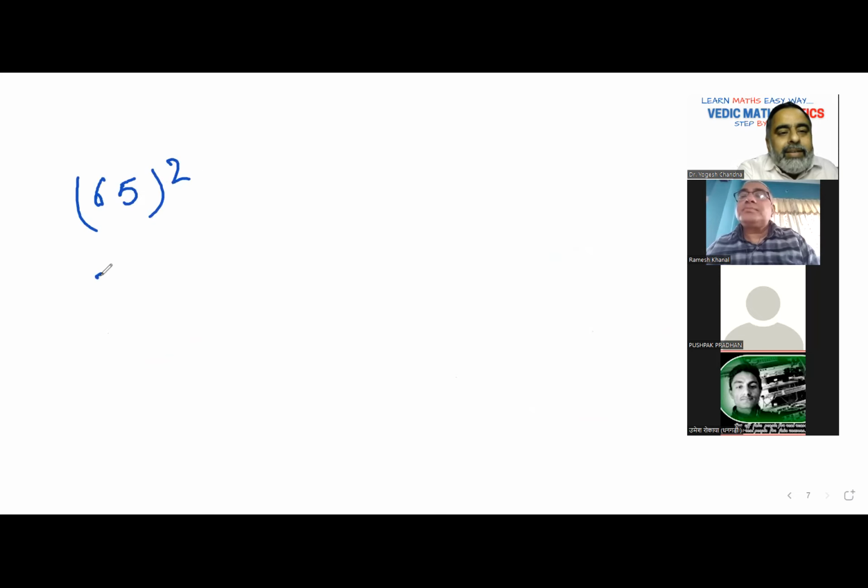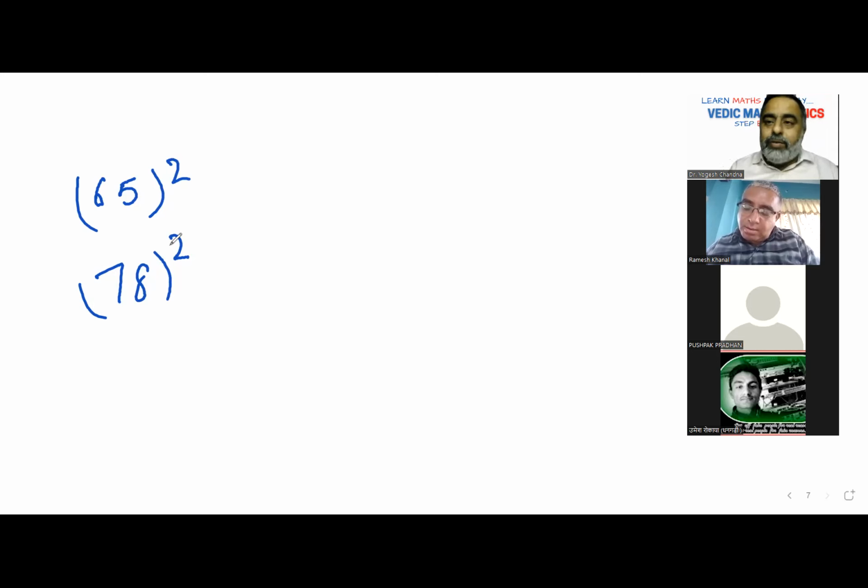Yes, 65 square, 4225. 78 square. 5084. Yes everyone, who is left? Yes, Ramesh ji, what is the answer? 6084.